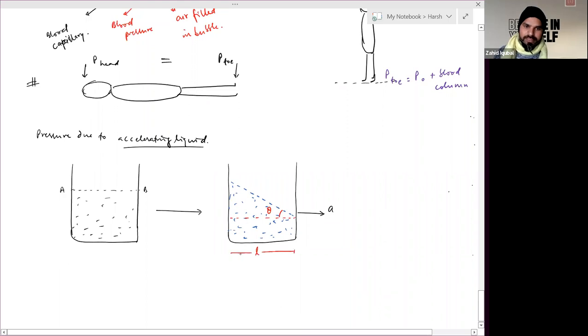The length from this point to this point is L, and the height from this point to this point is H. Let's say this is point A.